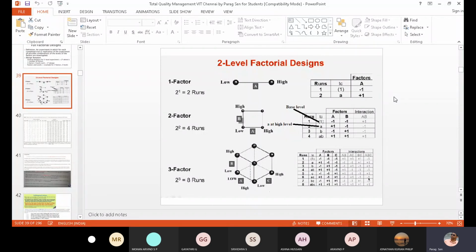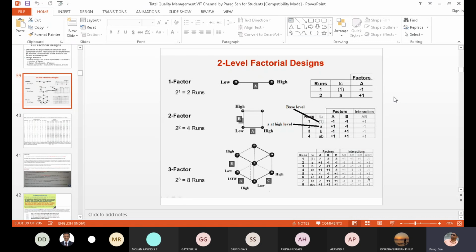So yesterday we discussed the two-level factorial design, and in this particular course we will mainly consider the two-level designs, because in the majority of cases these designs are used, but in some cases three levels are also considered.